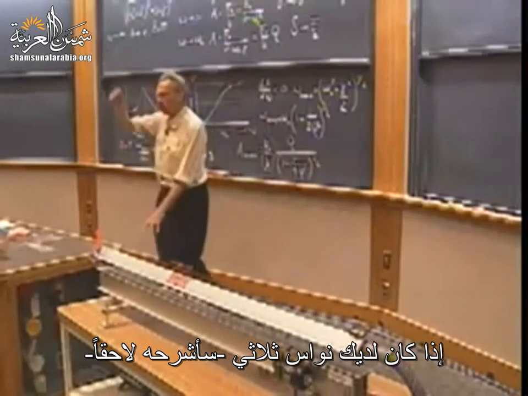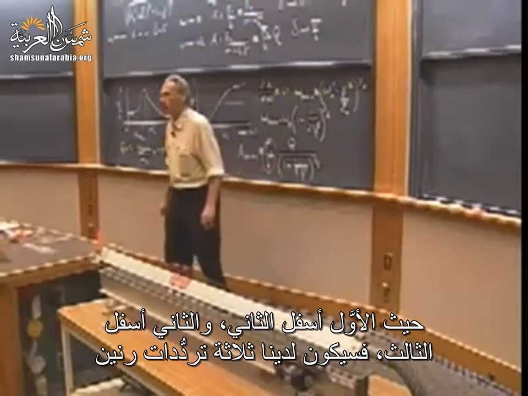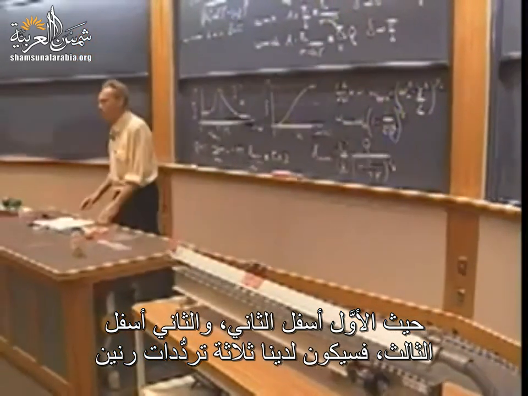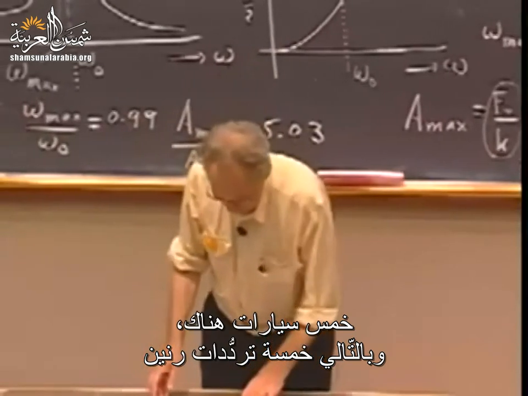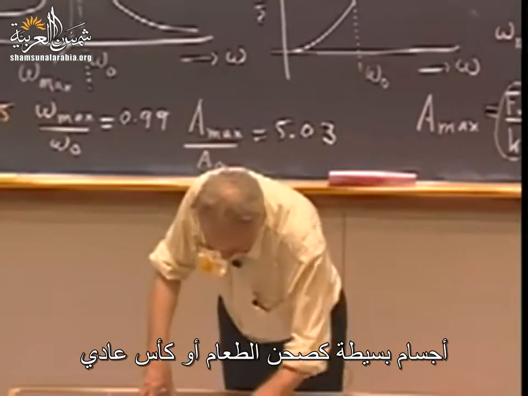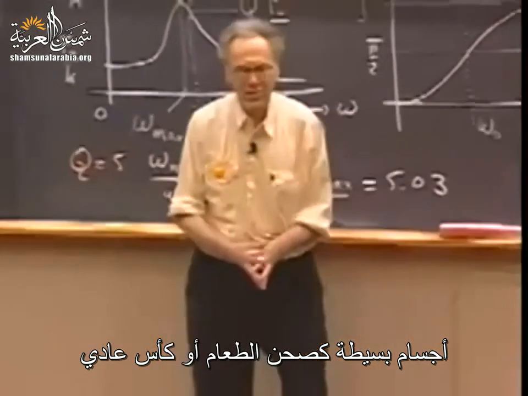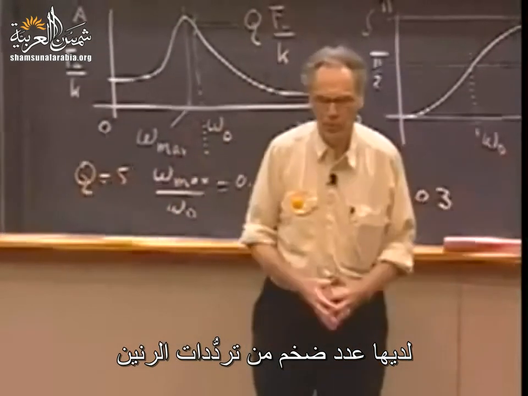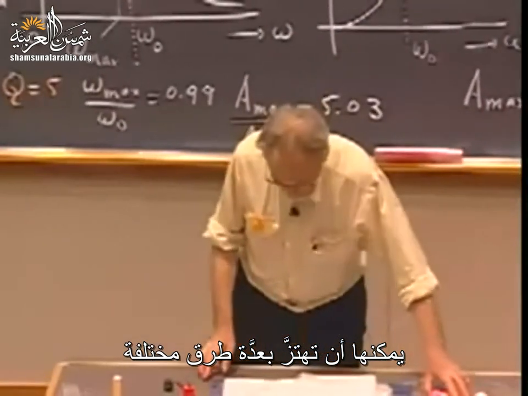If I have a triple pendulum, which I will demonstrate next week, one pendulum below the other, 3 resonance frequencies. 5 cars on there, 5 resonance frequencies. So simple objects, like a dinner plate, or just a regular glass, have an enormous number of resonance frequencies. It can oscillate in many, many different ways.